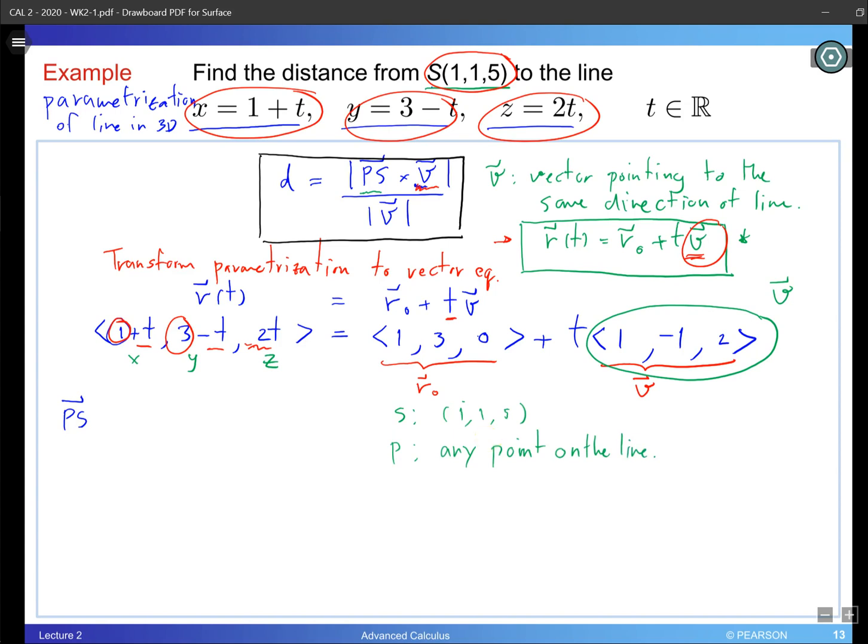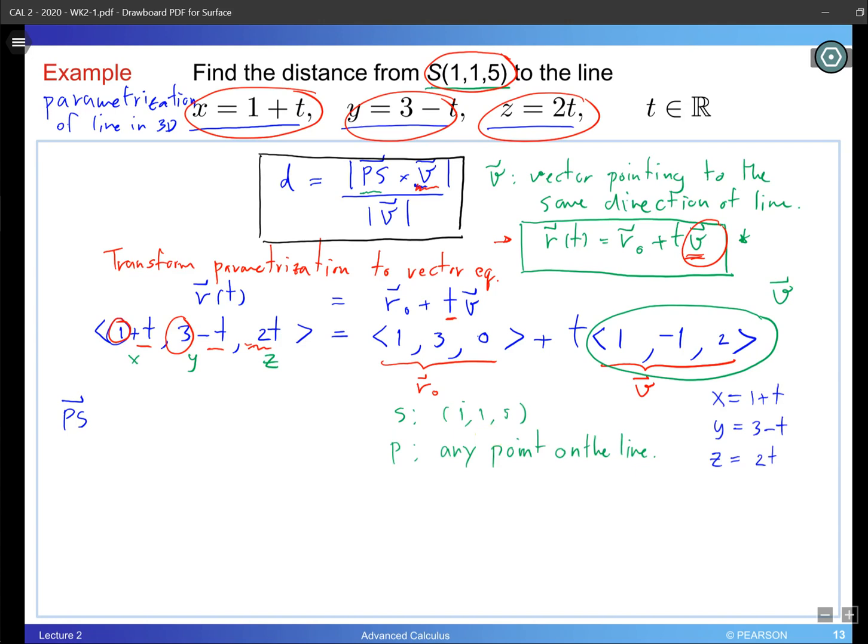So I can find a point on the line by using the information given to me. For example, I know that x equals 1 plus t, y equals 3 minus t, and z equals 2t. What if I set t equal to 0?